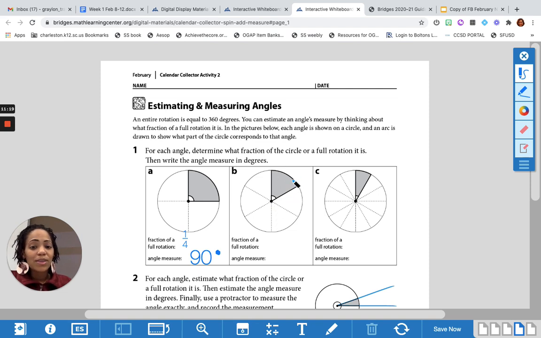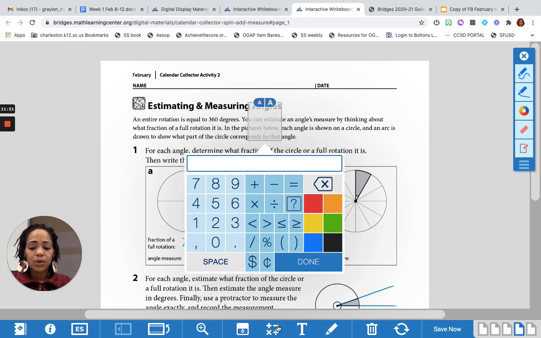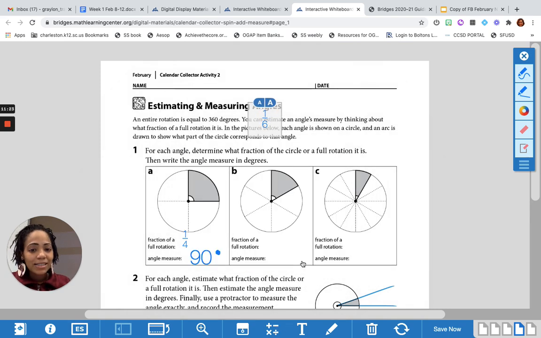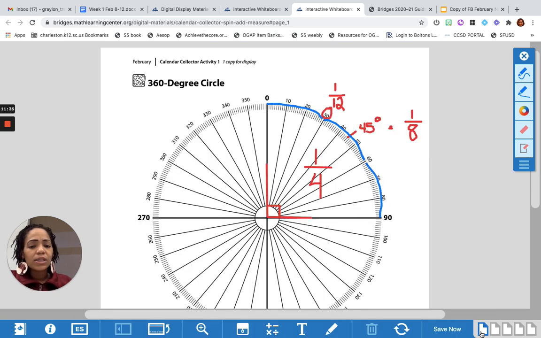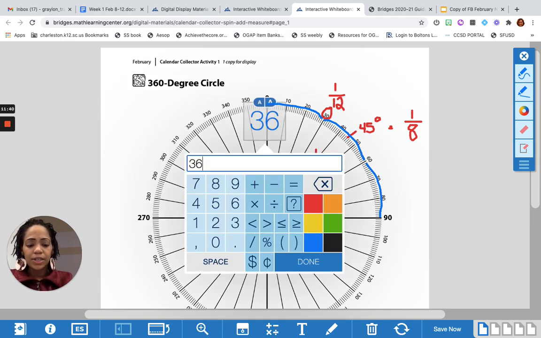And so this is representing 1/6 of a full rotation. Well, I wonder what degree that would be. Let's check it out. Let's think. 1/6 means I'm taking 360 degrees and I am dividing it into 6 sections.